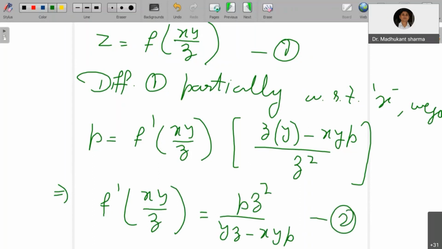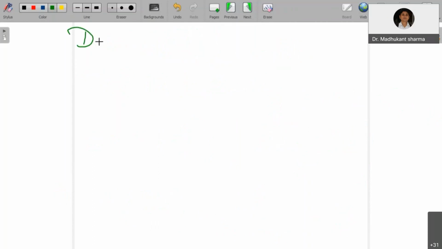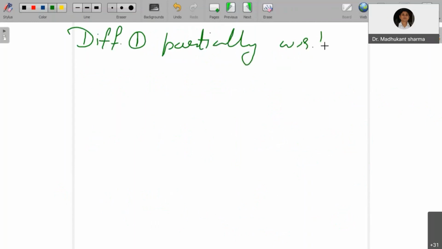Now, similarly, differentiating 1 partially with respect to y. Z equals f of x into y by z.